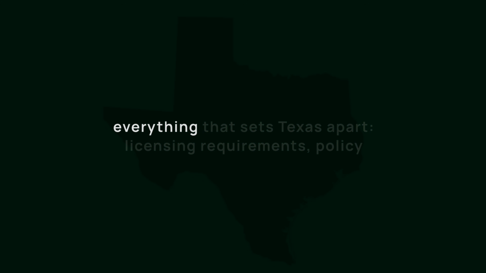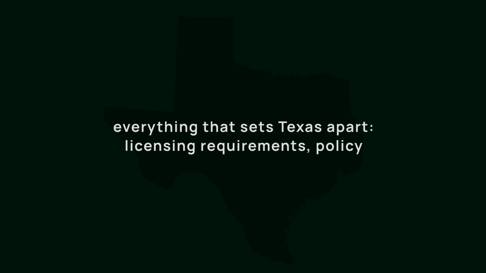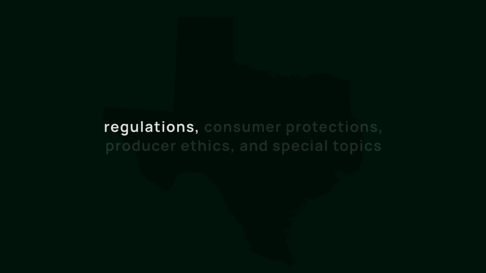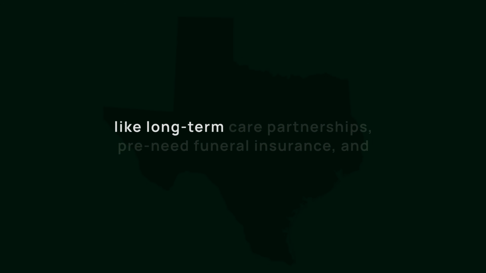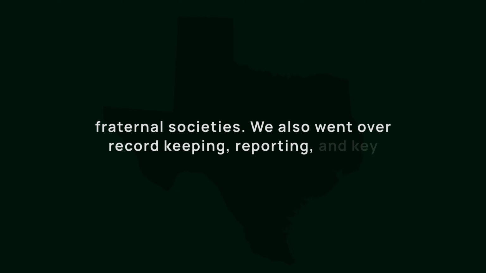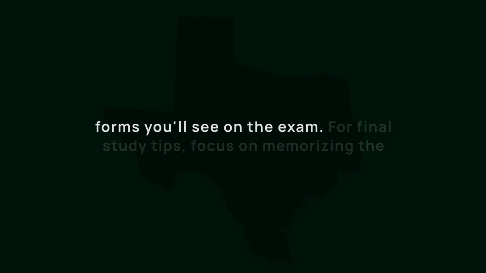We've covered everything that sets Texas apart: licensing requirements, policy provisions, replacement rules, claim practices, advertising and marketing regulations, consumer protections, producer ethics, and special topics like long-term care partnerships, pre-need funeral insurance, and fraternal societies. We also went over record-keeping, reporting, and key forms you'll see on the exam.